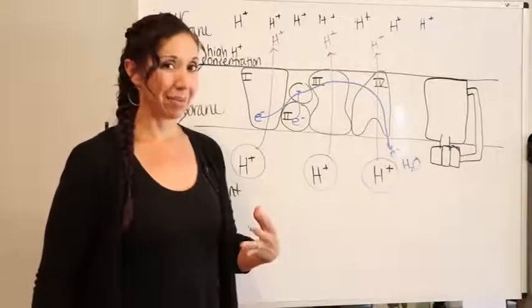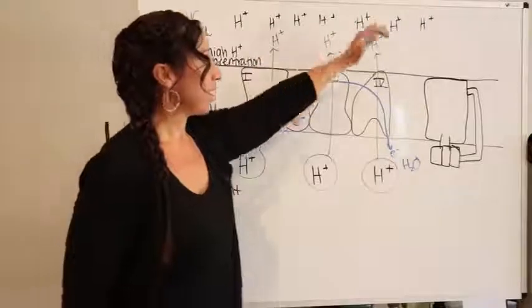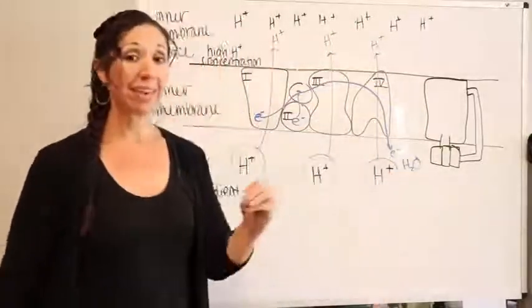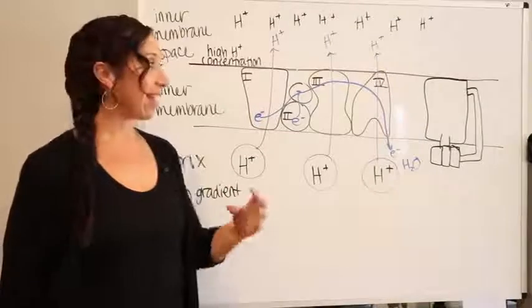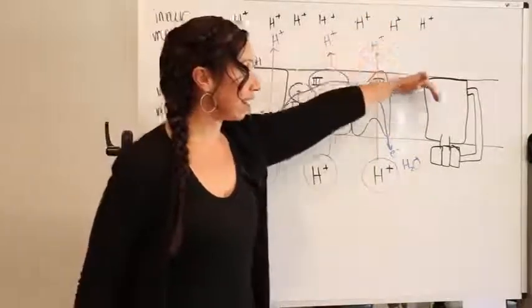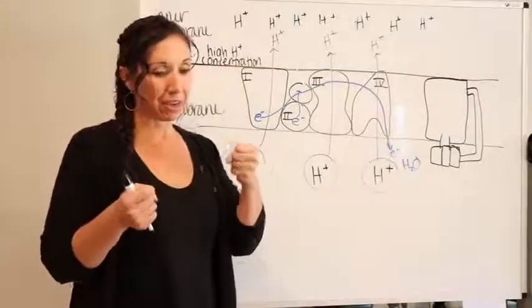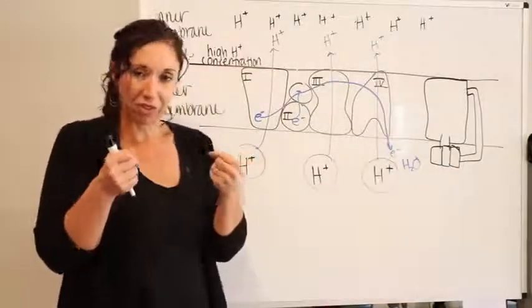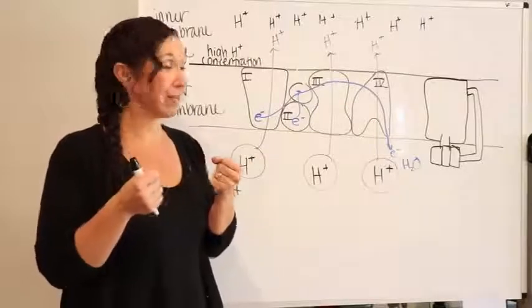So here's what ATP synthase does. All of these protons go down ATP synthase because ATP synthase is actually a proton channel. And as these protons are traveling down ATP synthase, remember, whenever a protein interacts with something, there's a conformational change. It changes its shape. Here's the cutest part of ATP synthase.